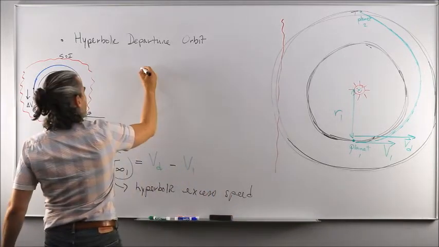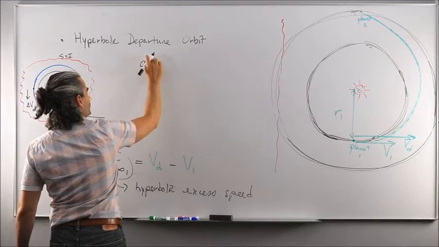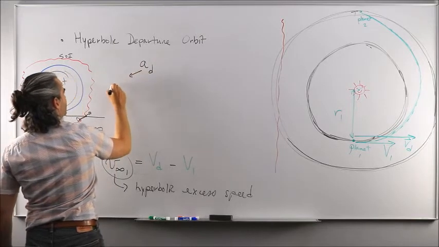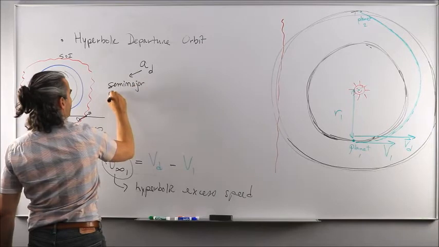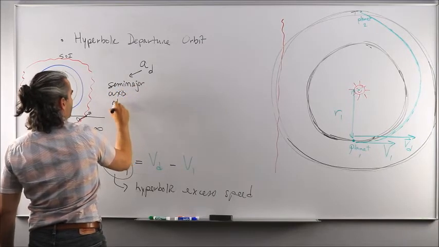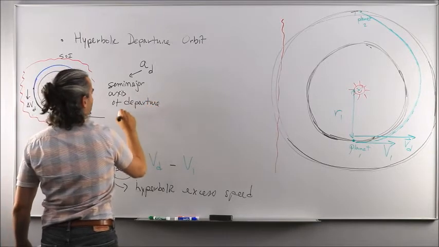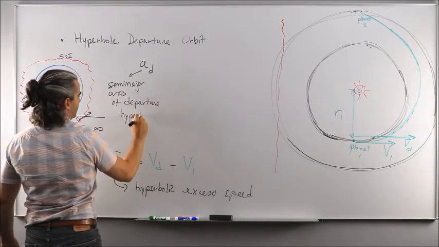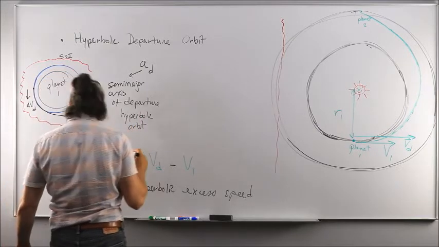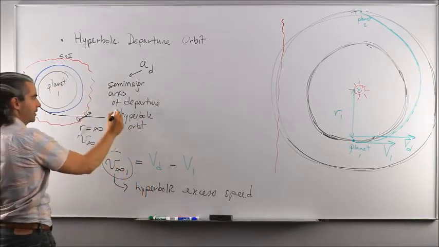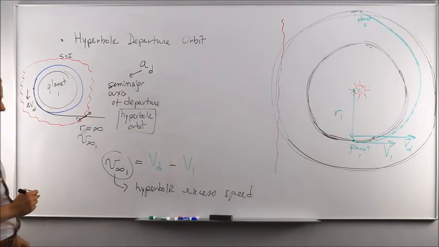So we need to determine the semi-major axis of the departure hyperbolic orbit. Why hyperbolic orbit? Because this is the only way we can escape a planet's gravitational attraction, right?